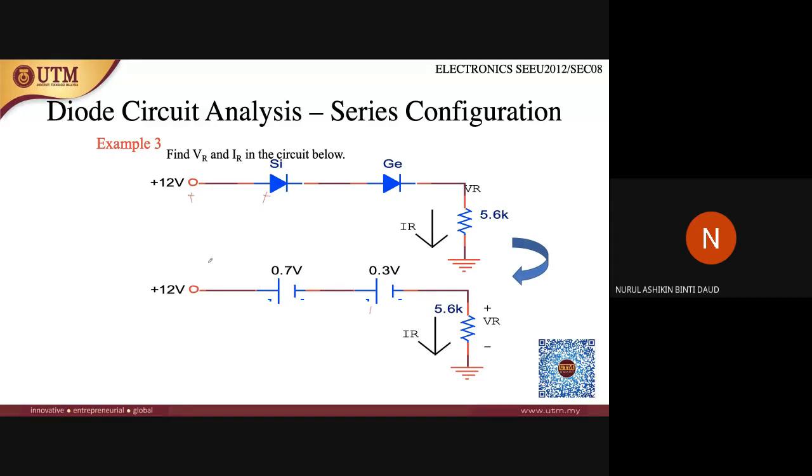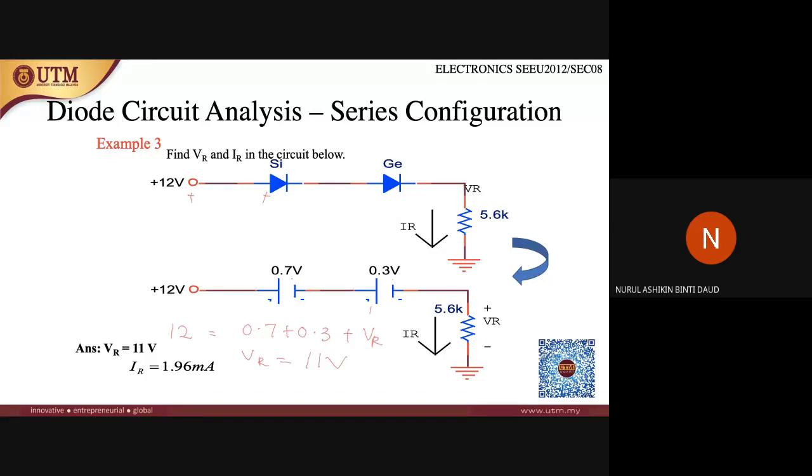So what is the VR value? This is 0.7, this is 0.3. So 12 equals 0.7 plus 0.3 plus VR. So you will get VR equals 11 volts.